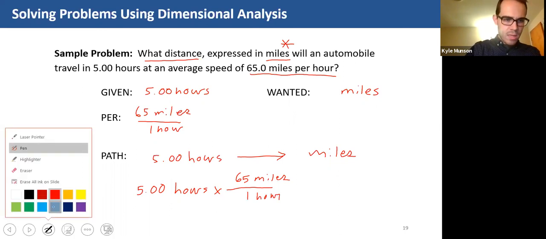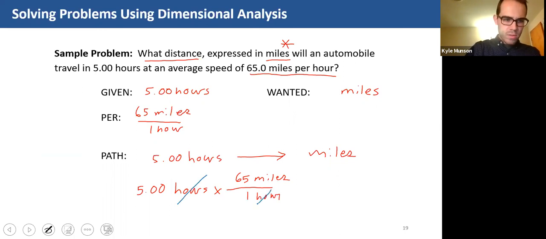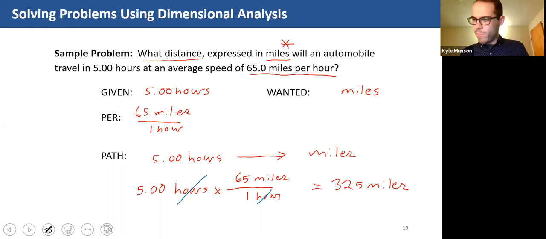Notice again, hours cancel with each other. We're left with only the unit of miles. And when I did this, I got 325 miles. So I'm just going to check that one more time in my calculator just to make sure. So 5 times 65, 325 miles.